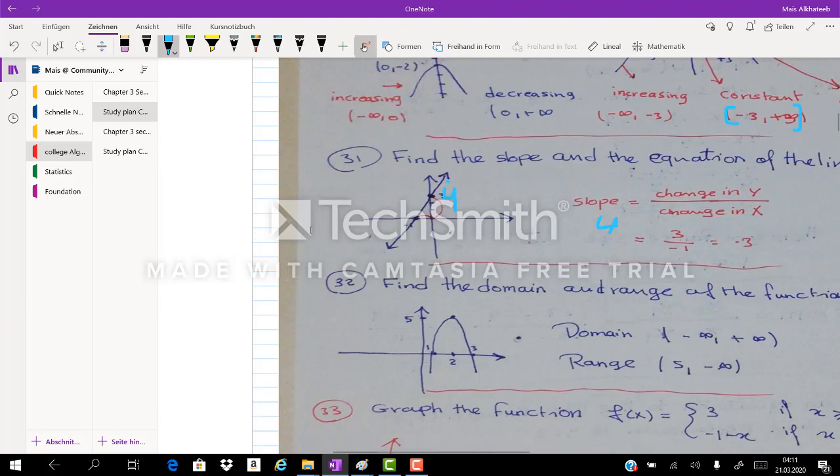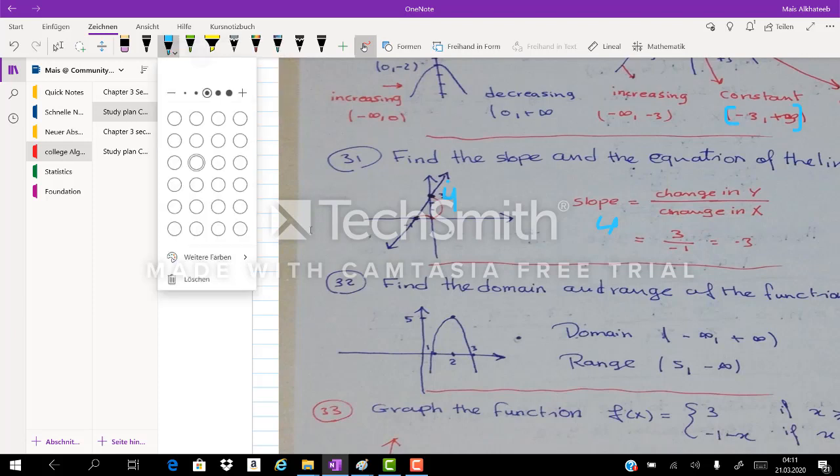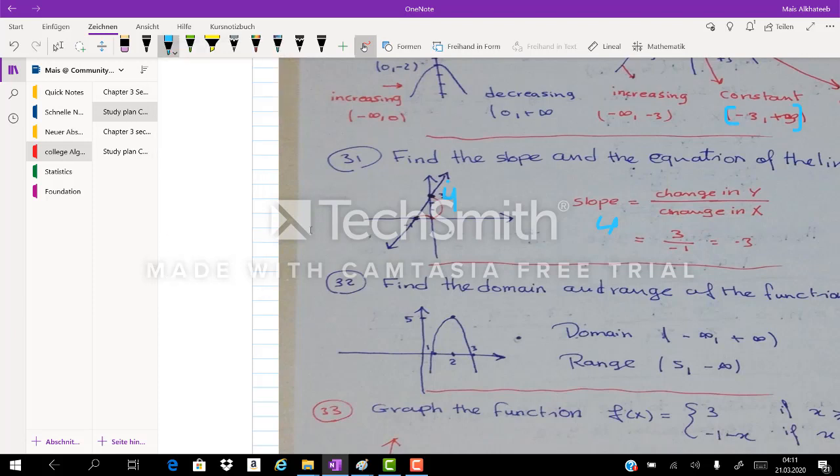Then here we have to write 4 over plus 1. So it will be only 4, 4 over 1 is 4. And this is the solution of this equation.